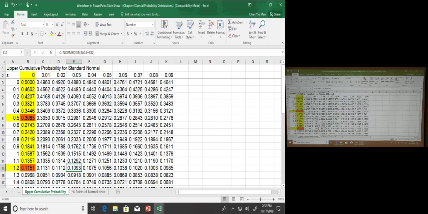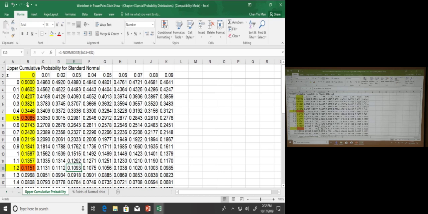Okay. Then how about the probability of z greater than 1.234? Hey, there is no third decimal place there. All right, then what to do? Someone suggests taking the closest one.